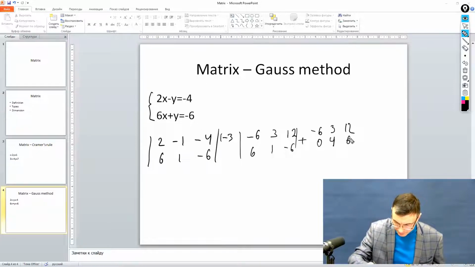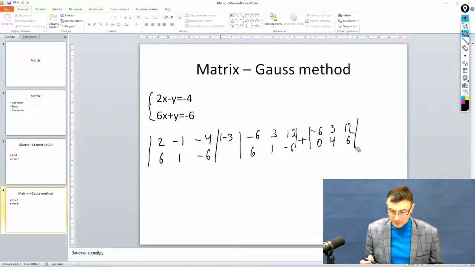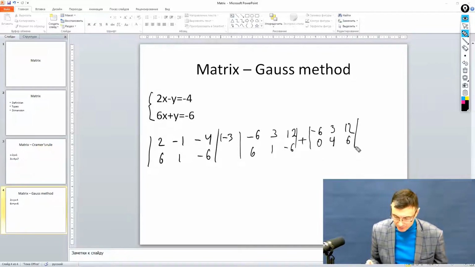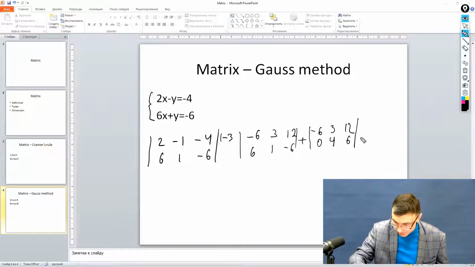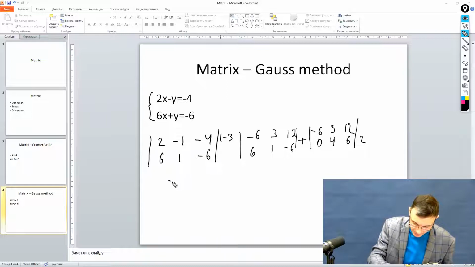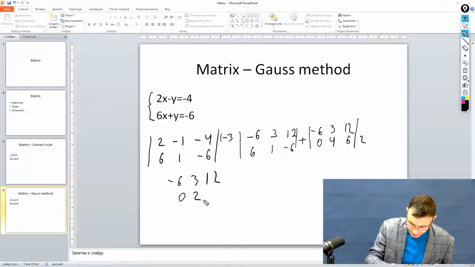So we have this matrix, then we can divide our second row by 2. And then we have 0, 2, and 3.